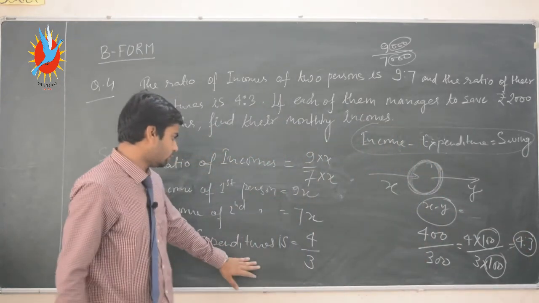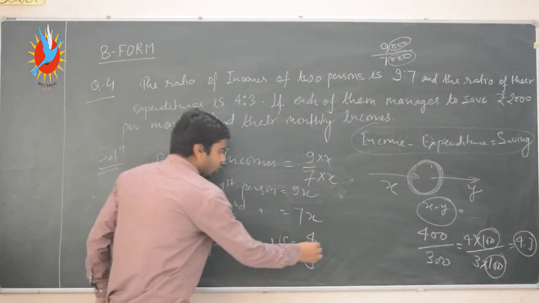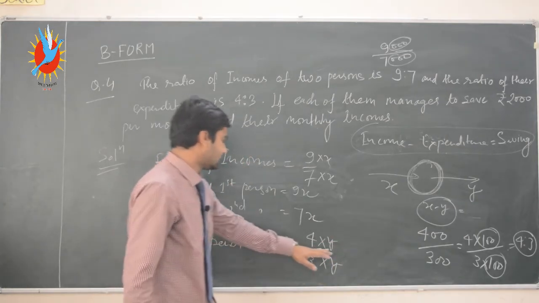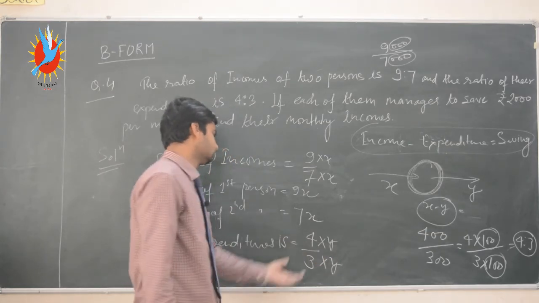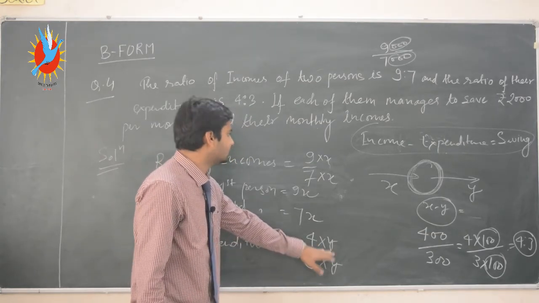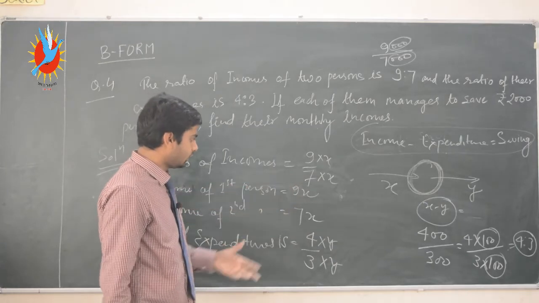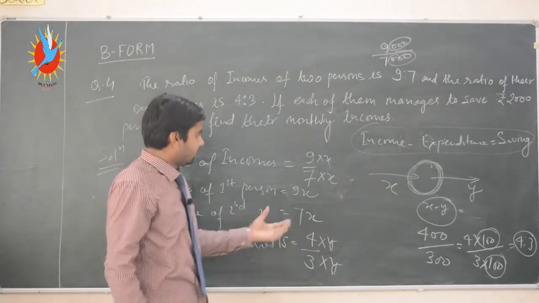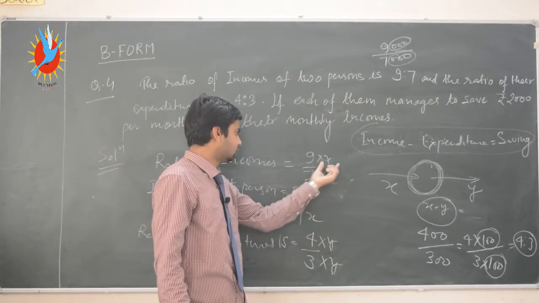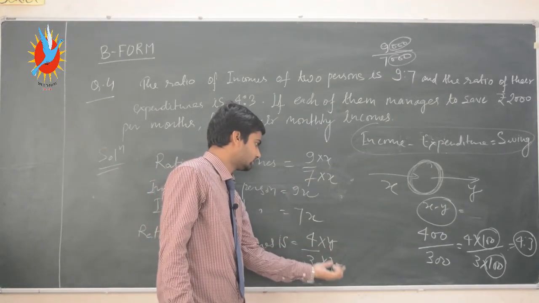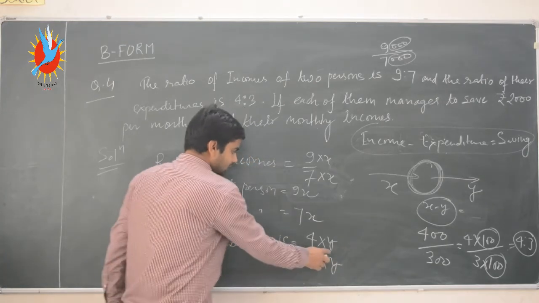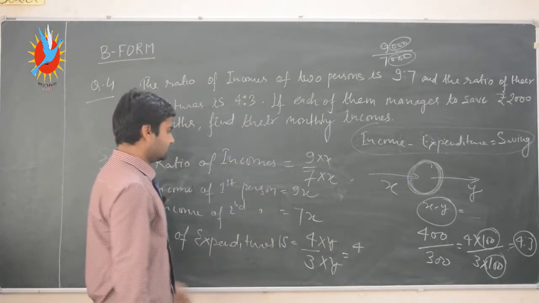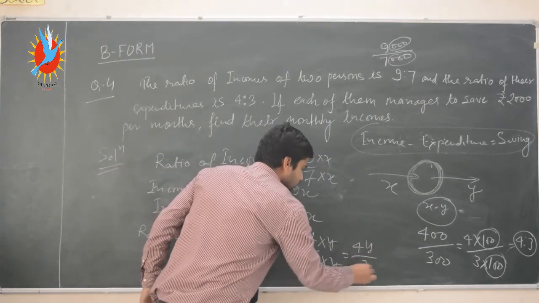So in this problem the ratio is given, so assume the common number here is y. That common number which gets cancelled out in both numerator and denominator is y, and I am assuming this is different from the incomes ratio. It is not given that both proportionalities are the same, so maybe some other number gets cancelled out in expenditure. That number I am assuming is y. So actual expenditures will become 4y and 3y.